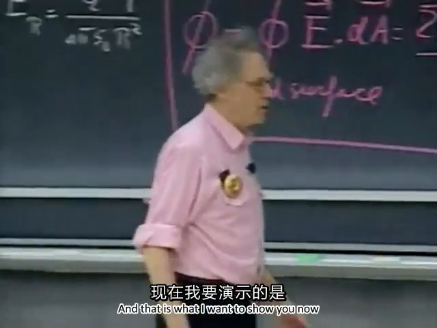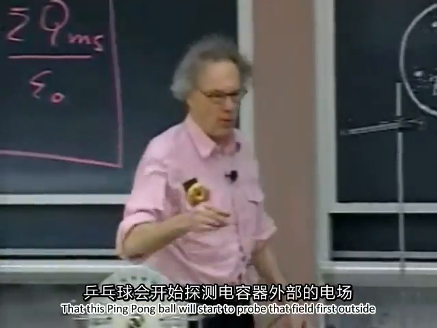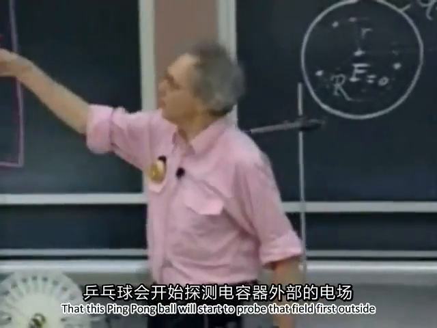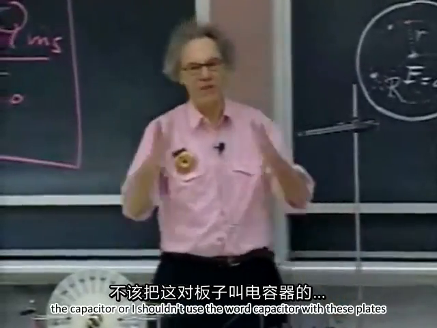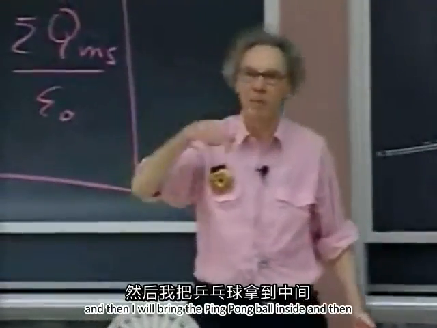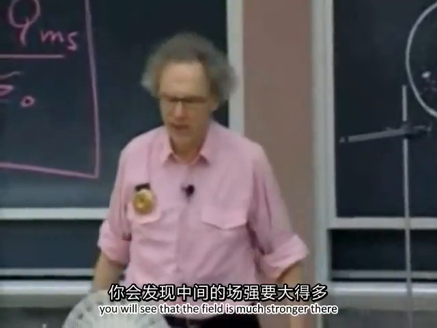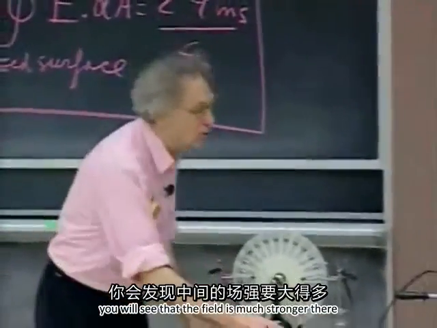And that is what I want to show you now, that this ping pong ball will start to probe that field first outside the capacitor, or I shouldn't use the word capacitor, but these plates, and then I will bring the ping pong ball inside, and then you will see that the field is much stronger there.